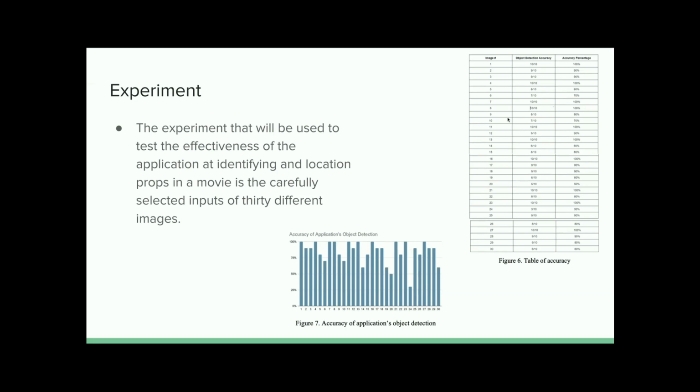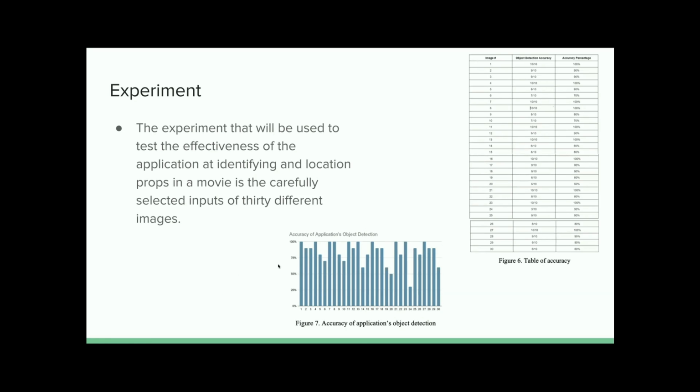As you can see, all the results here. Here are the numerical results, and here they are presented in a bar chart. As you can see, object detection really is an unpredictable device that we can use.